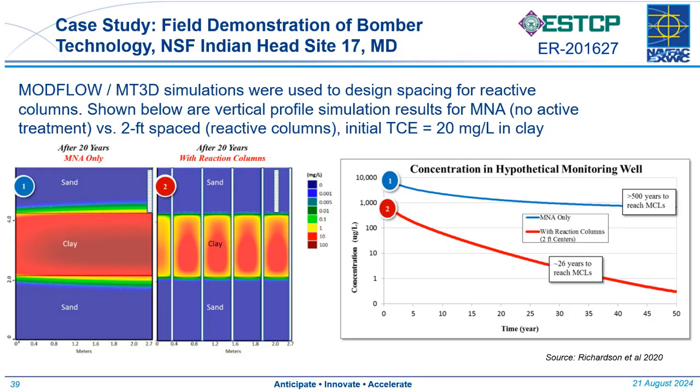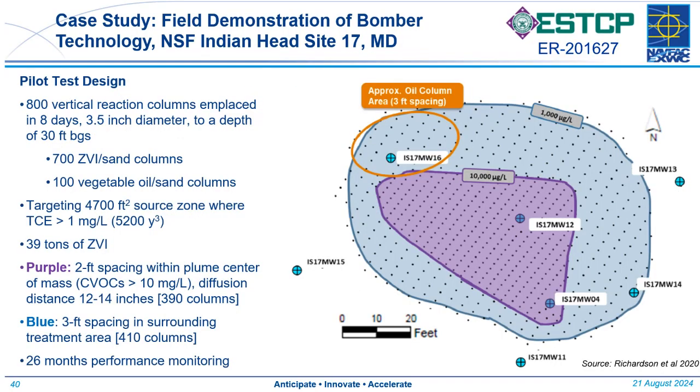Looking at the graph on the right, if nothing was done to clean up this clay, it would take at least 500 years to reach cleanup standards. But if these reactive columns are installed with a 2-foot spacing, 2 feet apart, these columns could enable attainment of MCLs within less than 3 decades. So that's what their modeling showed.